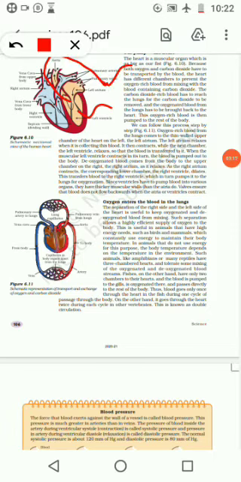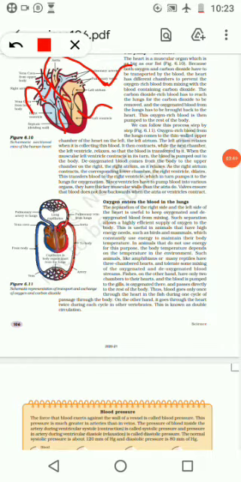The deoxygenated blood will come from the body to the upper chamber, the right atrium, through the vena cavas, and then it moves into the right ventricle as the right atrium contracts.